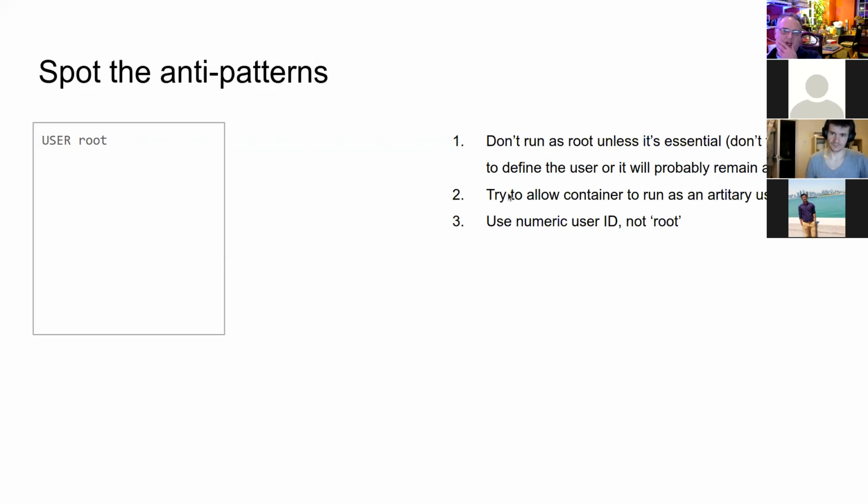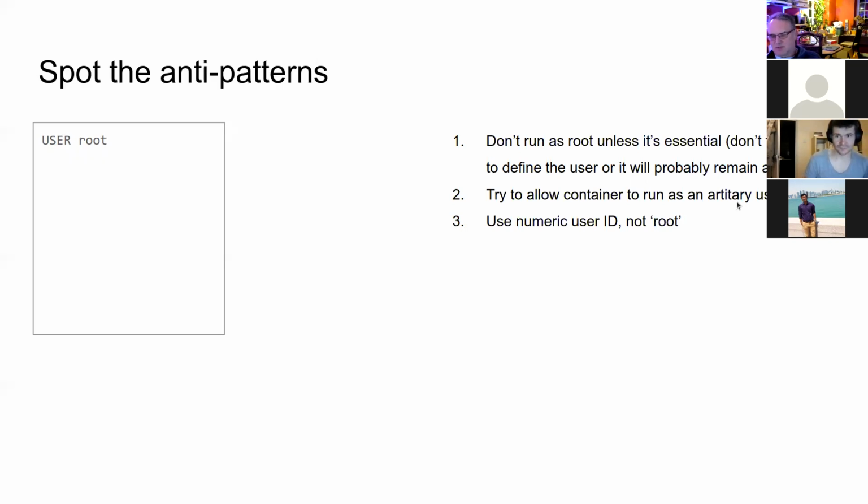But slightly more than that, it's good practice to allow the container to run as an arbitrary user ID, where, for instance, Red Hat's OpenShift does this by default, where its preferred option is it decides what user ID the container runs as. You don't.